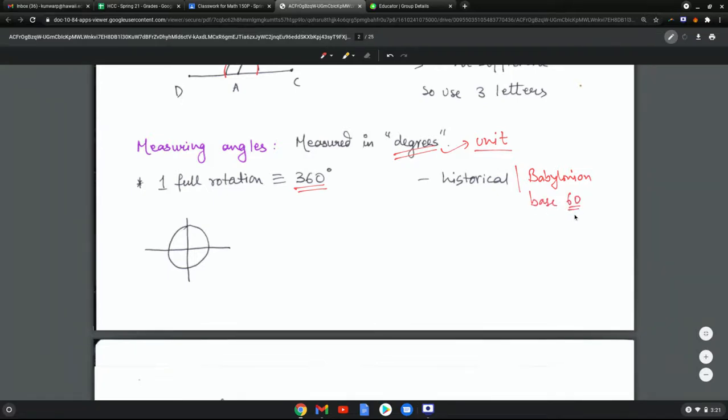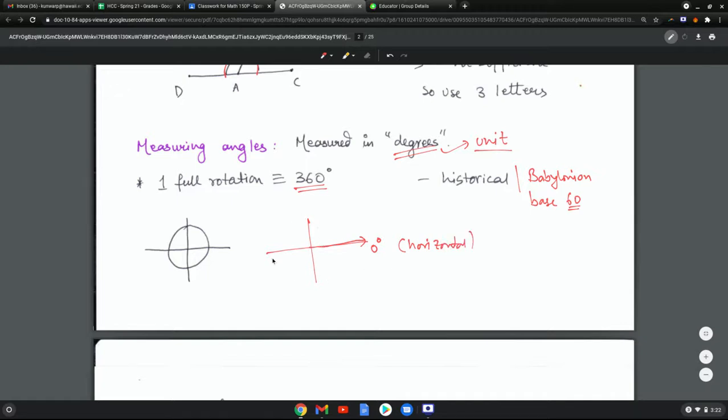We now work with Arabic numerals, which are base 10, meaning you have 0 through 9, and every other number can be written as a combination of those. But in Babylonian times, the base was 60, and that's because a lot of numbers divide 60. That's why a full rotation is 360, which means that we arbitrarily denote this as 0 degrees, which would also be called horizontal.